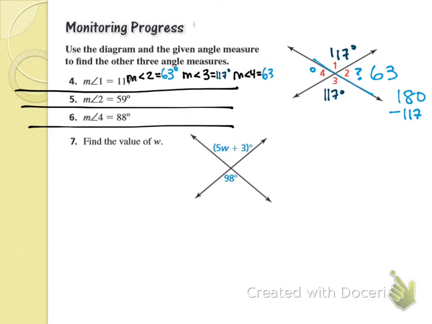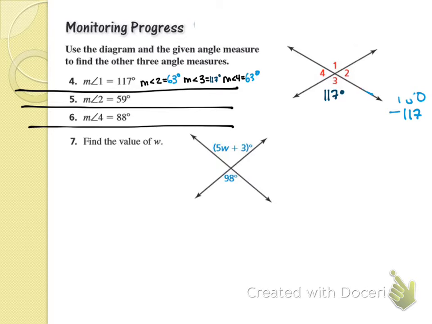The next one, so again, we're using the same picture, just different numbers now. The next one we have angle 2 is 59 degrees. So it means we're going to end up finding the measure of angle 1, the measure of angle 3 and the measure of angle 4.